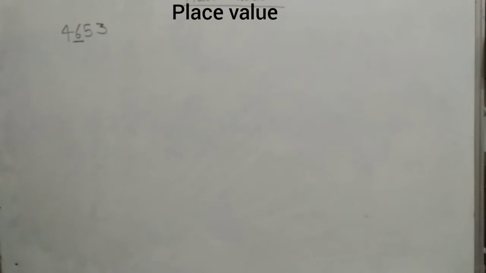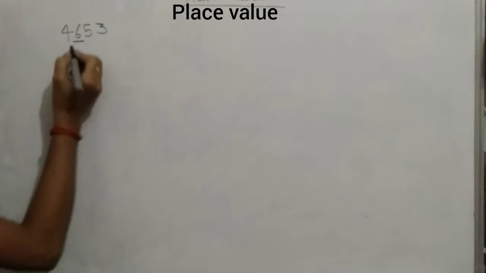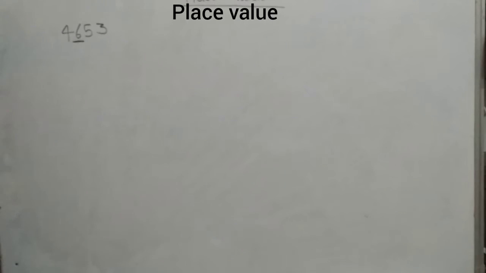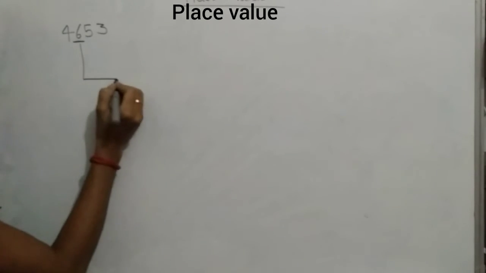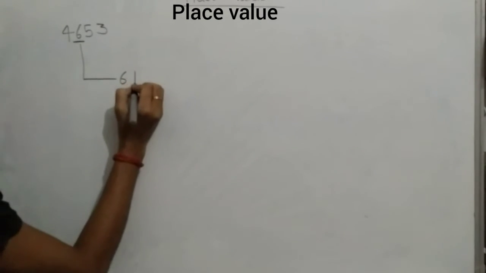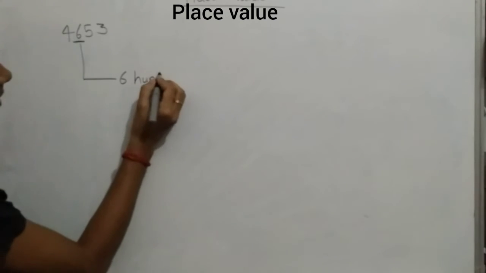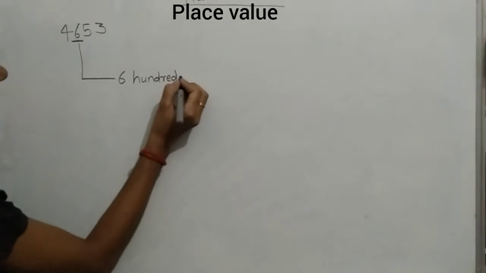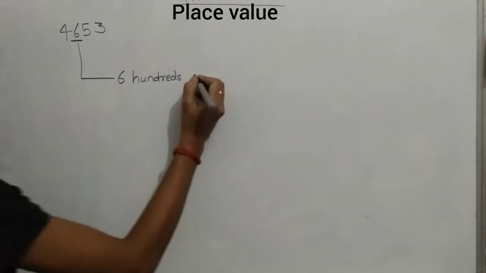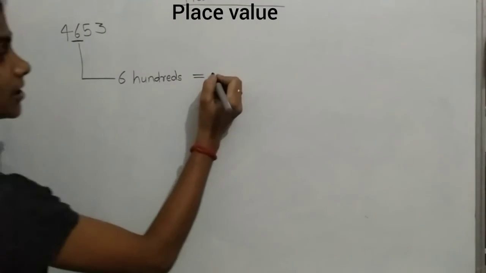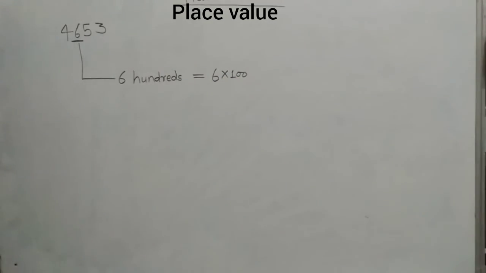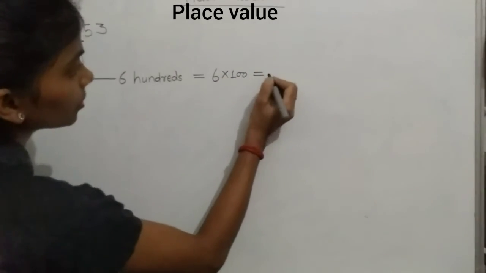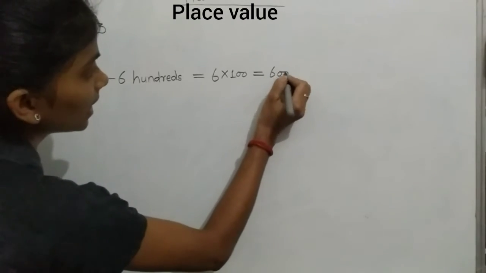Okay, let us see. Here the underlined digit that is 6 is at hundreds place, ones, tens, hundred. So we will write 6 hundreds and it can be written as 6 multiplied by 100 and this is equal to 600.